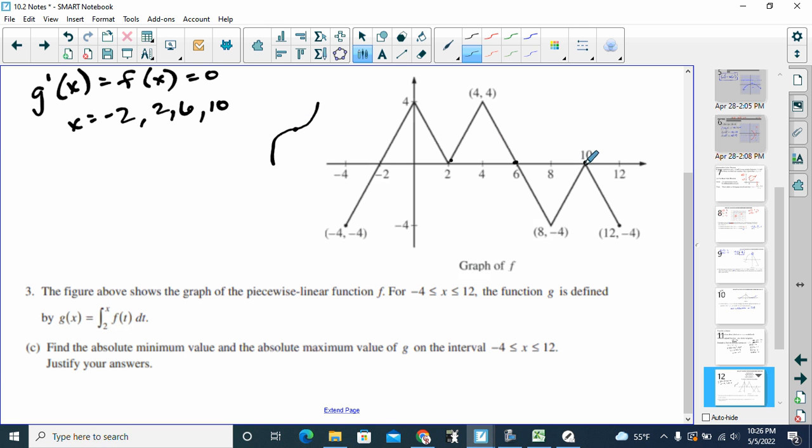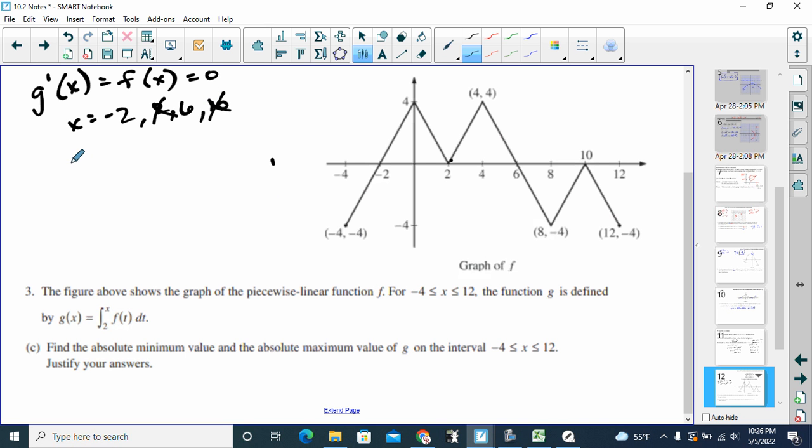And for the same reason, we can rule out 10. The derivative was negative and then stays negative, not a max or min, so it is not going to be the absolute maximum or minimum. So ruling out 2 and 10, we have not quite as many that we need to check.